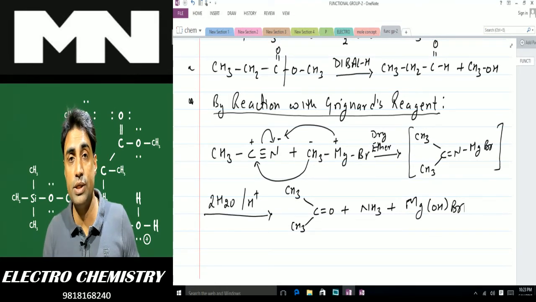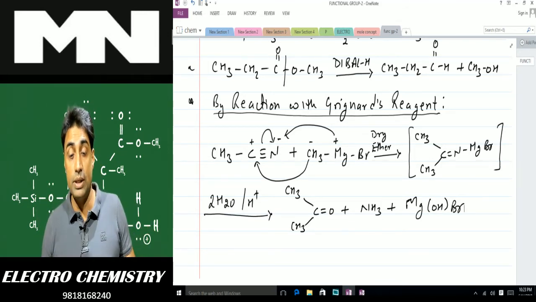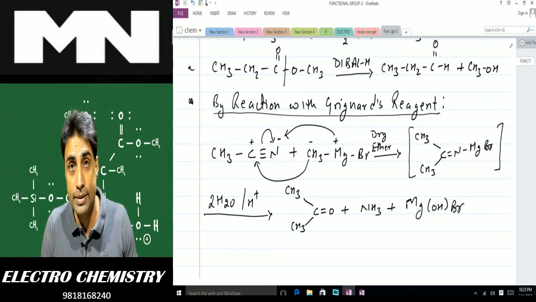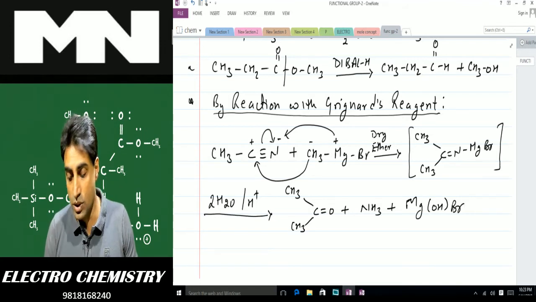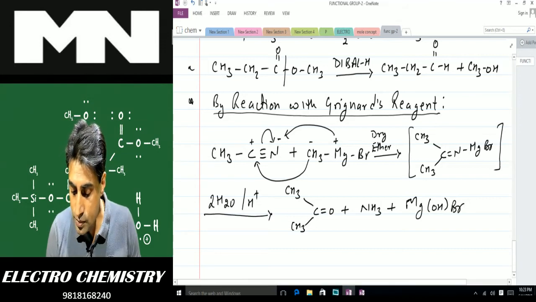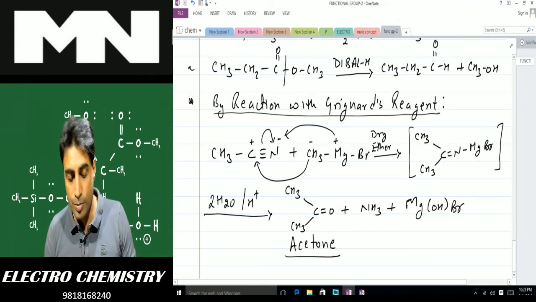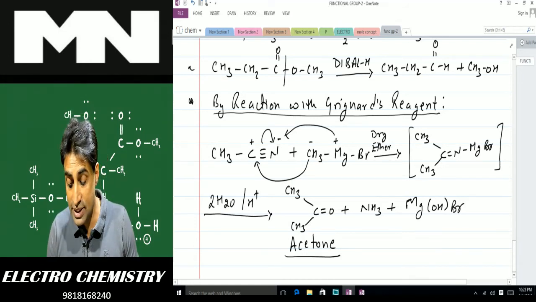Initially, the Grignard's reagent will undergo an addition reaction, forming an addition complex or adduct. That adduct will undergo hydrolysis, because the reactions of Grignard's reagent are followed by hydrolysis, and will lead to the formation of a ketone, that is acetone, or propanone. So this is how you can prepare aldehyde and ketone from cyanides.